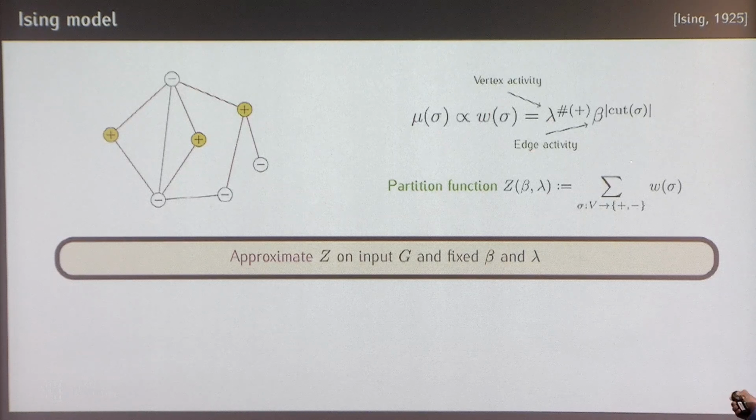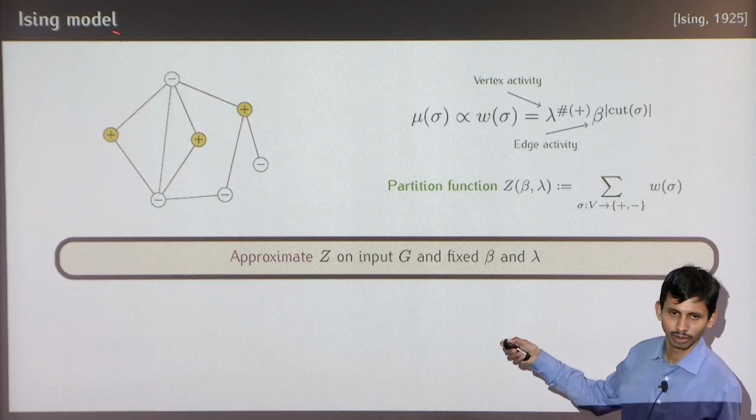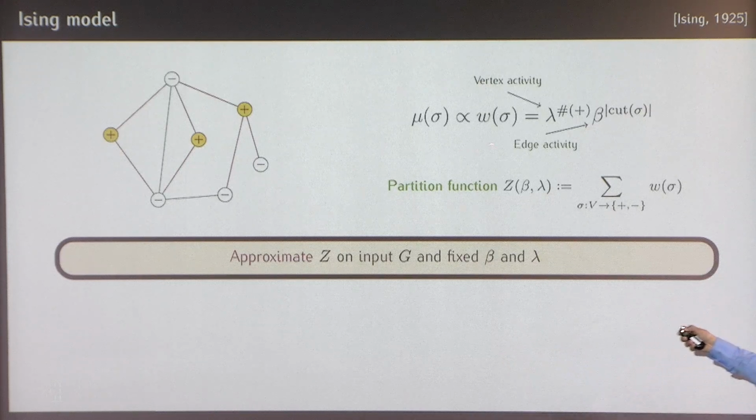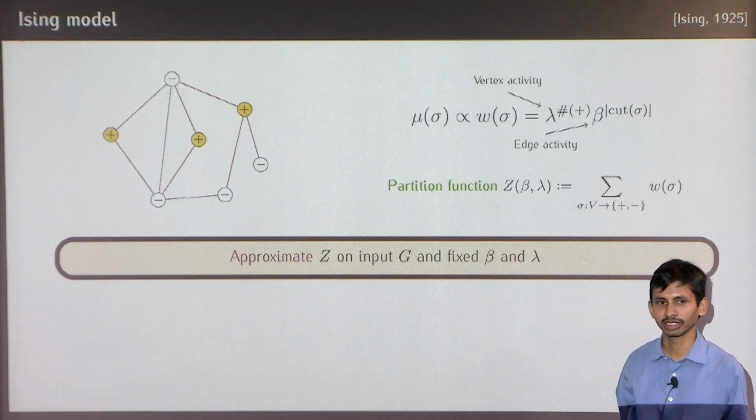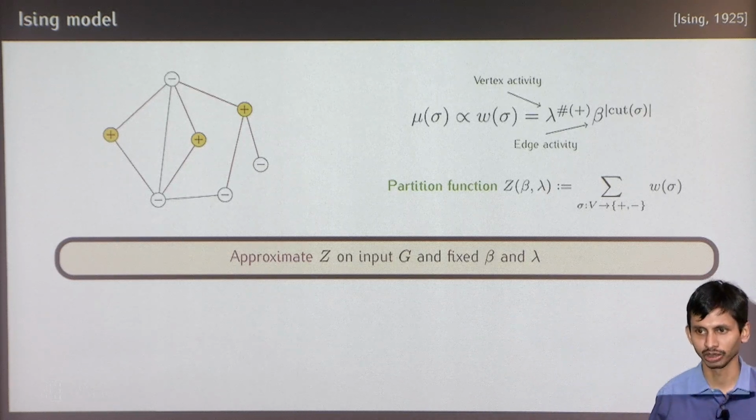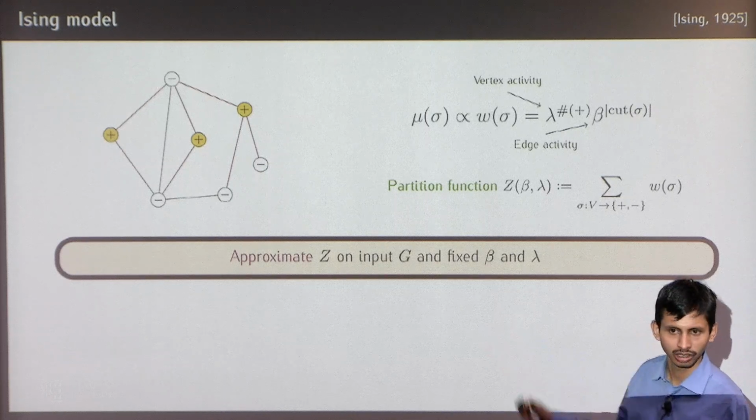But the precise way I will use these parameters is the following: the configurations, these plus minus spin assignments, will get weights proportional to this quantity. Given any configuration sigma, there will be a factor of lambda raised to the power the number of plus spins in that configuration, and beta raised to the number of those edges that are cut, in the sense that they have opposite spins on their endpoints. So the red edges in this term.